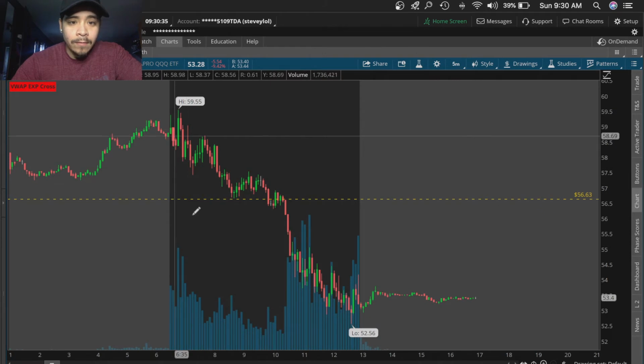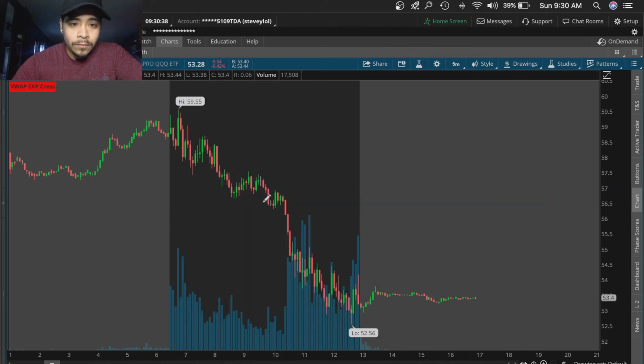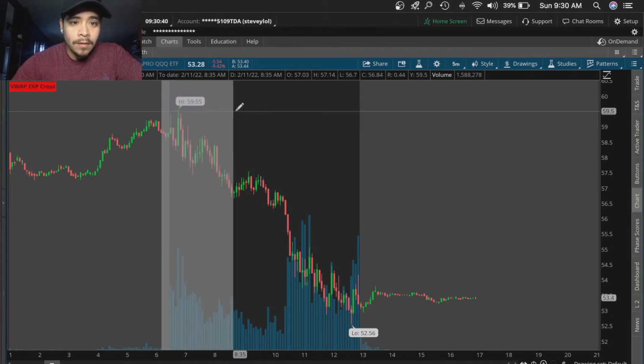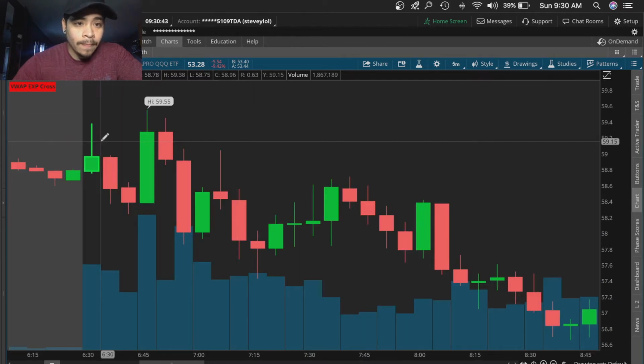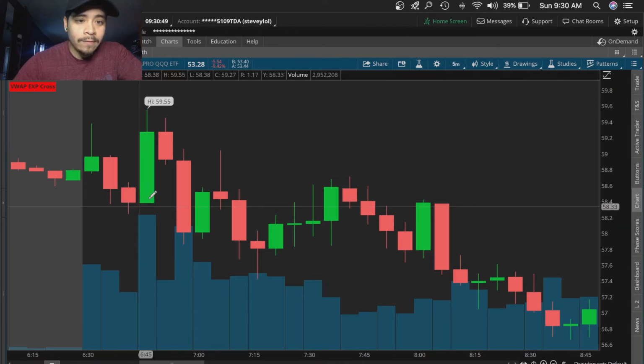This is a time frame we actually trade on. When I say this is a 5-minute candle, it's 5 minutes of price action in a 5-minute period. You can see here, 6:30, 6:35, 6:40, 6:45, you get the gist, okay?